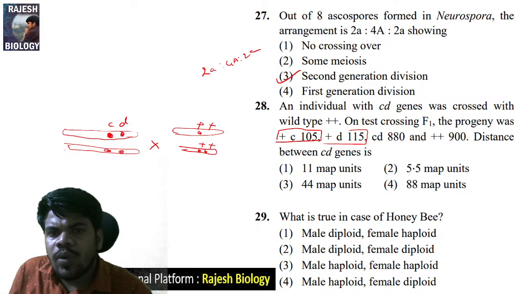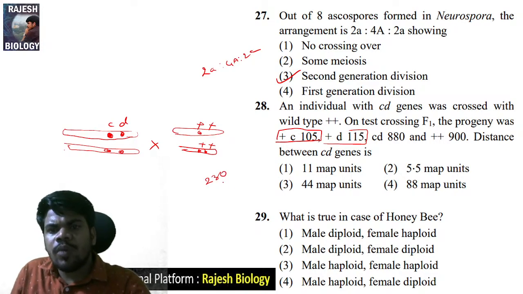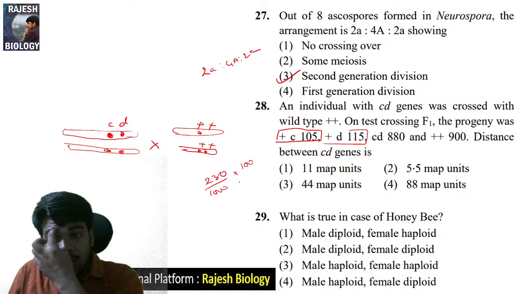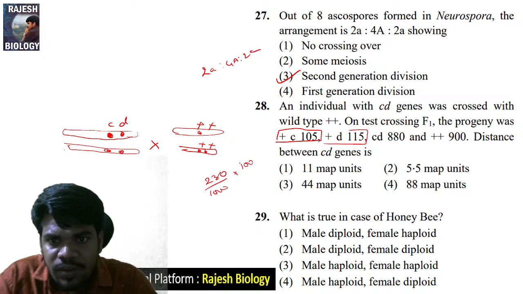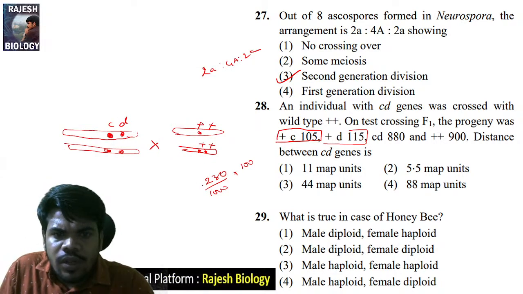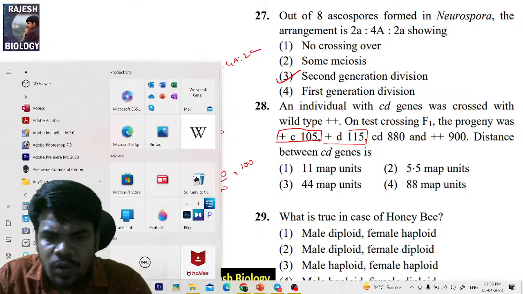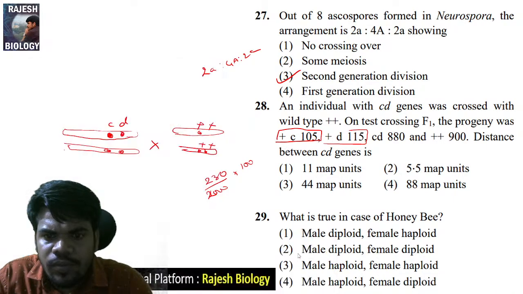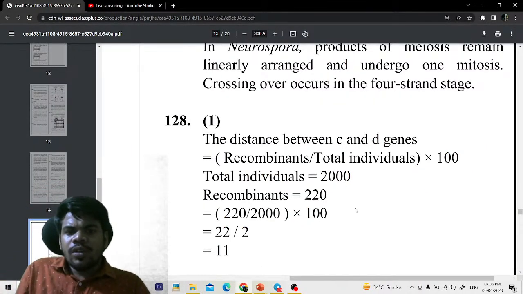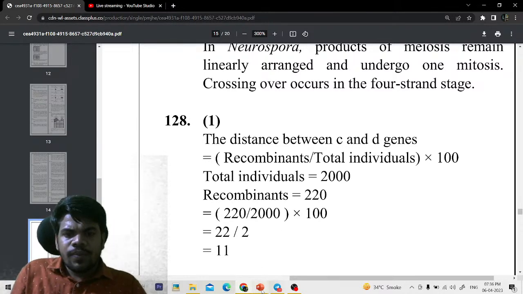Recombinants are 115 and 105. Total number of individuals is 2000, not 1000, it is 2000. So let me check the formula. 220 by 2000, 22 by 2, that is the 11 answer.